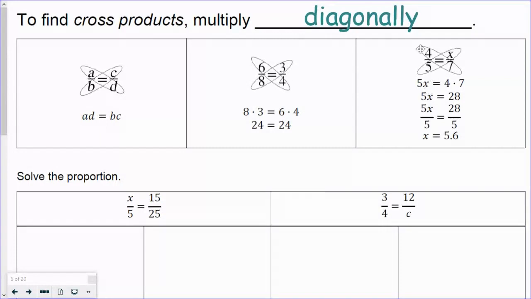Then we have to take our 4 times 7. So we set it up this way so that we know what we're multiplying. Then multiply your two integers. And then look, we have a one-step equation right here.